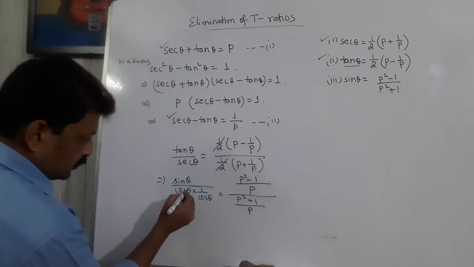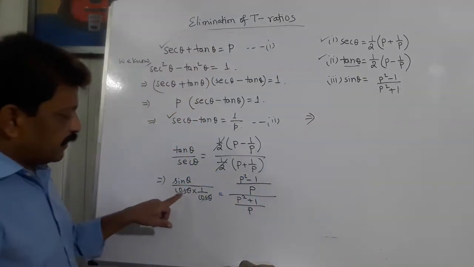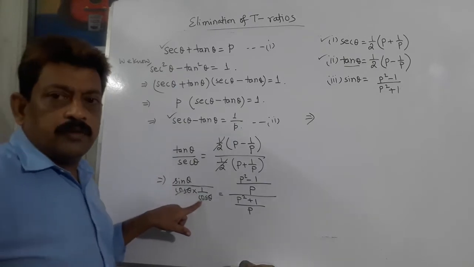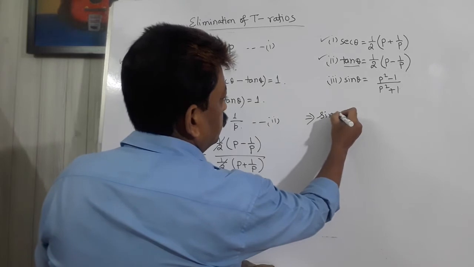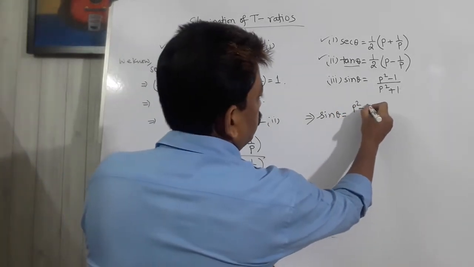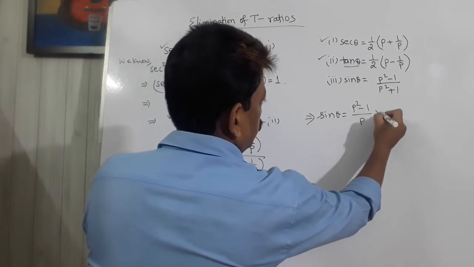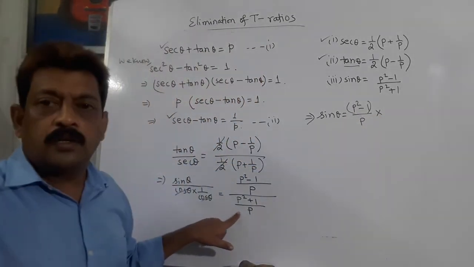Okay, this cos theta will be cancelled. So after cancelling cos theta, what will remain here? Only sin theta. So sin theta equals to p square minus 1 upon p multiplied with, this will become the reciprocal.